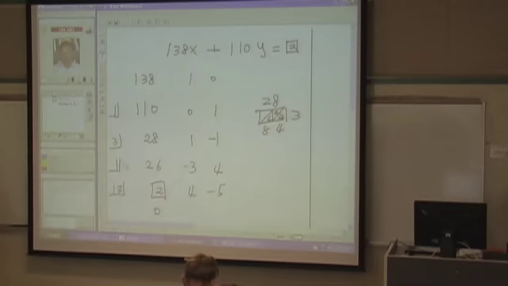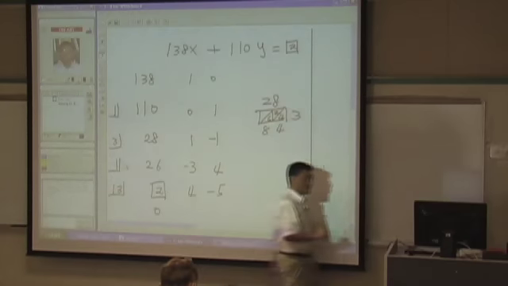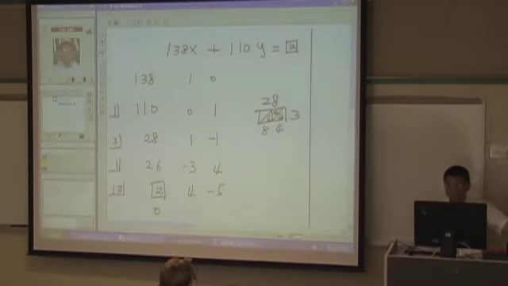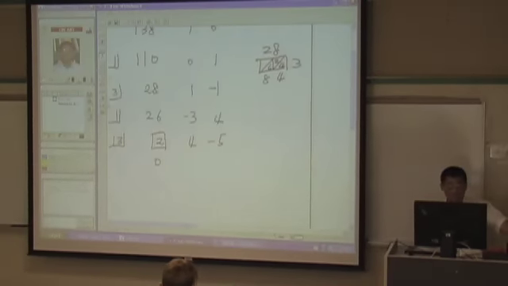Yes? What multiplied by what? 138 multiplied by 4 plus 110 multiplied by negative 5 gives us 2. So the meaning of this line will be written one more time. This could be the final time writing down the meaning.